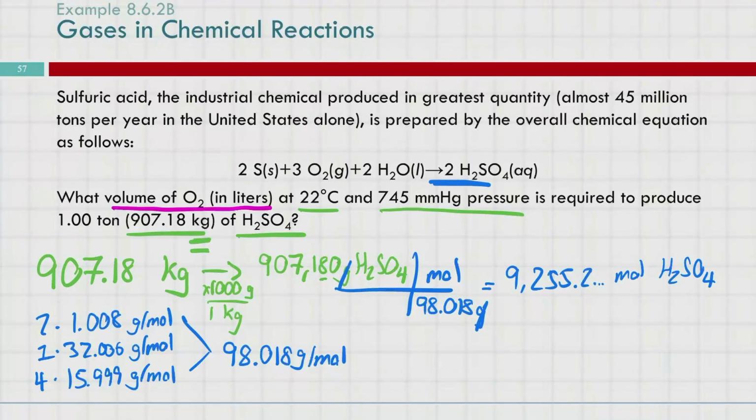We have a balanced equation, and this tells us that we produce 2 sulfuric acid molecules for every 3 oxygen molecules we put in. And that also applies for moles of those substances. So we'll produce 2 moles of sulfuric acid for every 3 moles of O2. We can make our conversion factor out of that ratio.